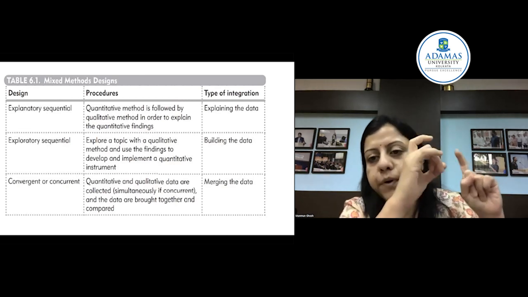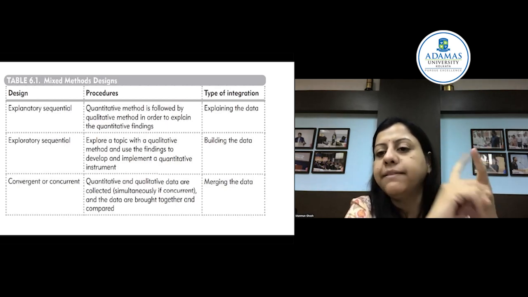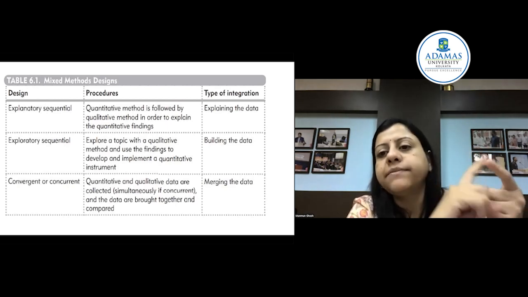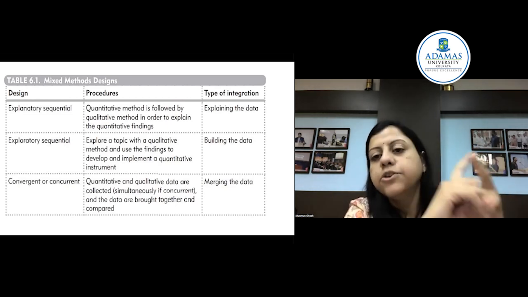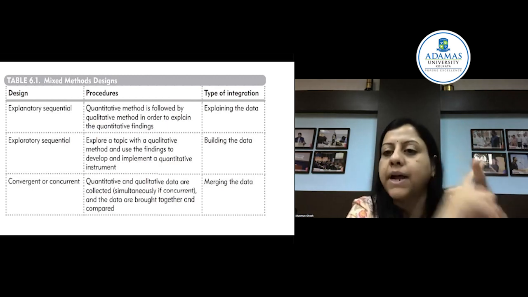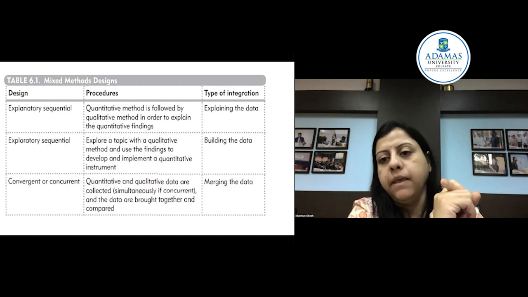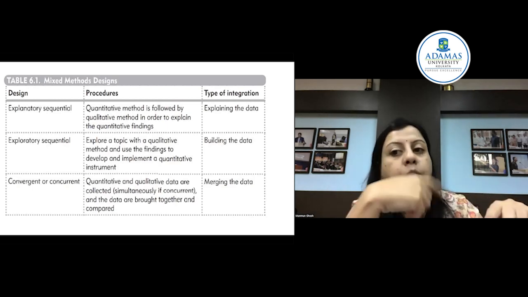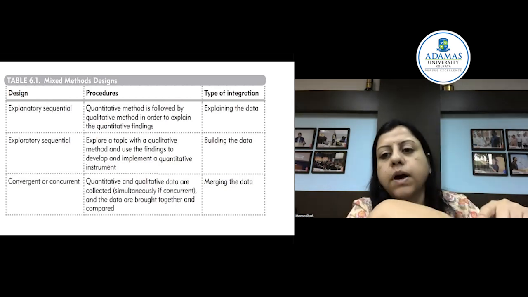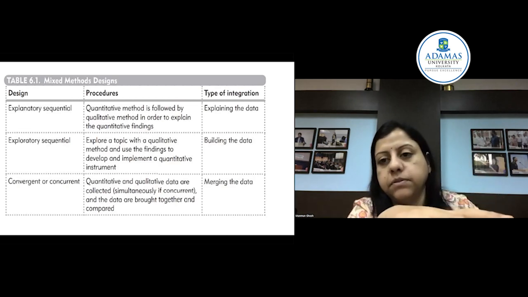Here the caution point is that the qualitative interviews, focus groups, or any discussions should happen only with the people who responded to your survey. You cannot go out of the way to interview other participants.